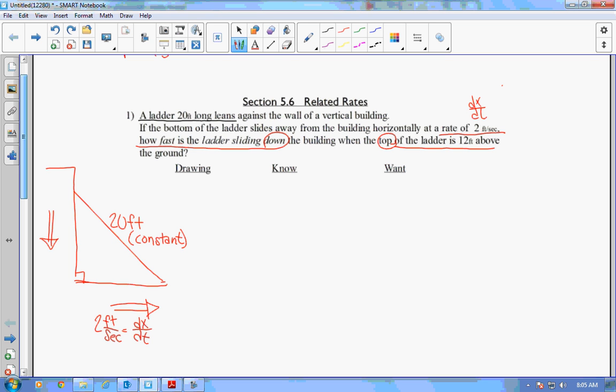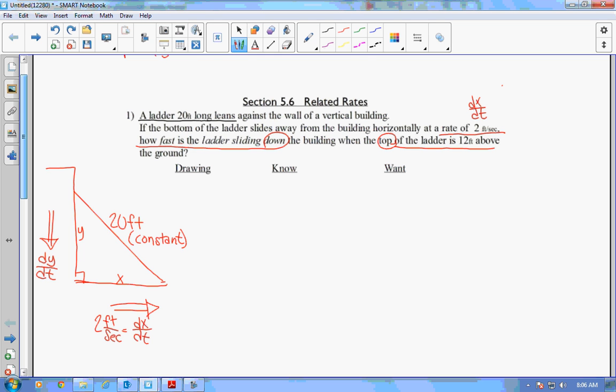Horizontal axis is dx dt. Okay, so if this was our x, this is our y, so its rate we could call dy dt. And I think that's what we're trying to find, yeah.